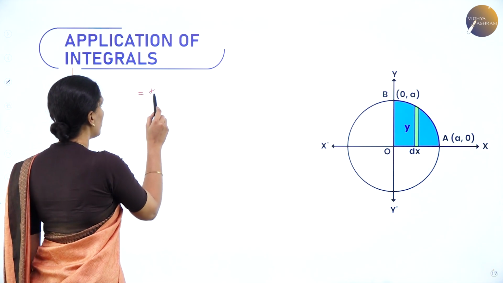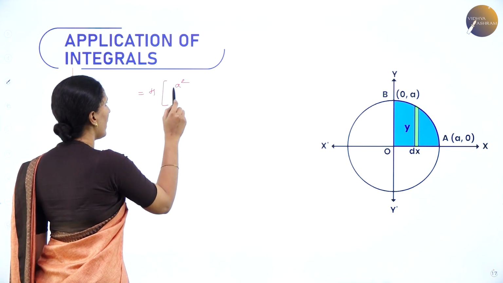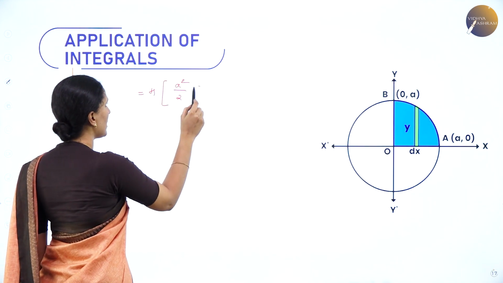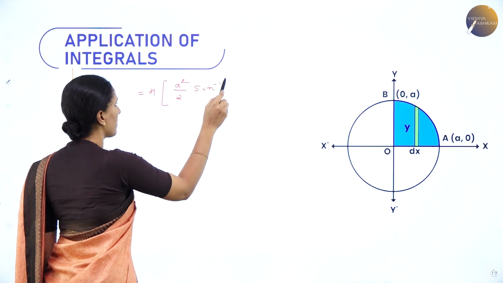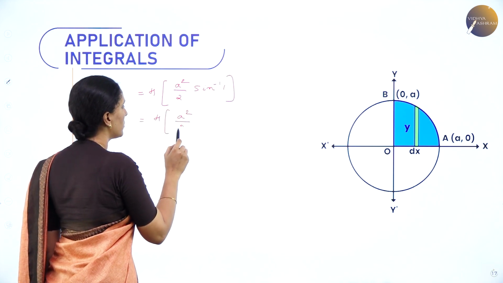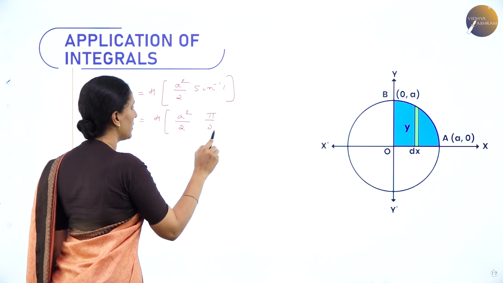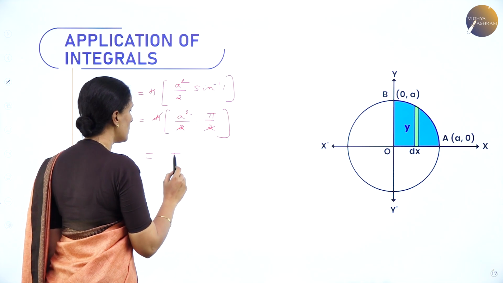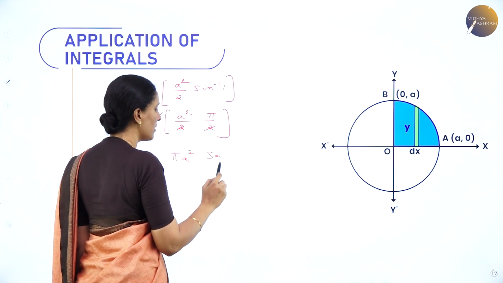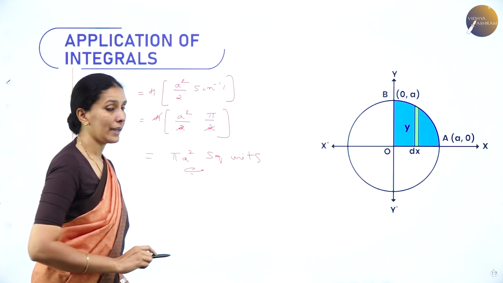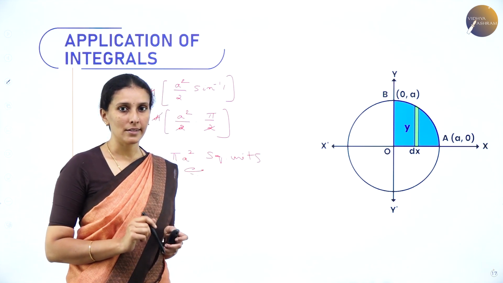So we have 4a square by 2 and are left with sine inverse a by a, which is sine inverse 1. So we have 4a square by 2 into pi by 2. 2 2s are 4, 4 gets cancelled. So pi a square units. So this is the area of the required circle.